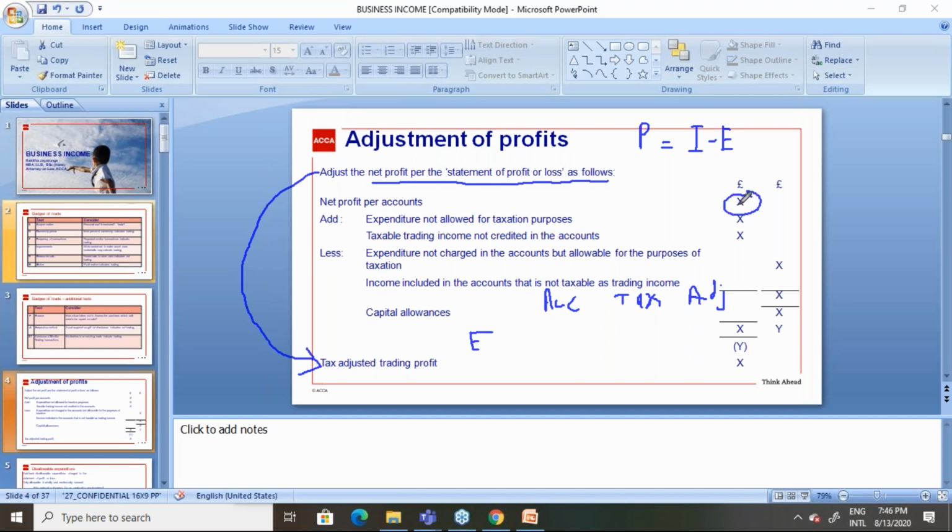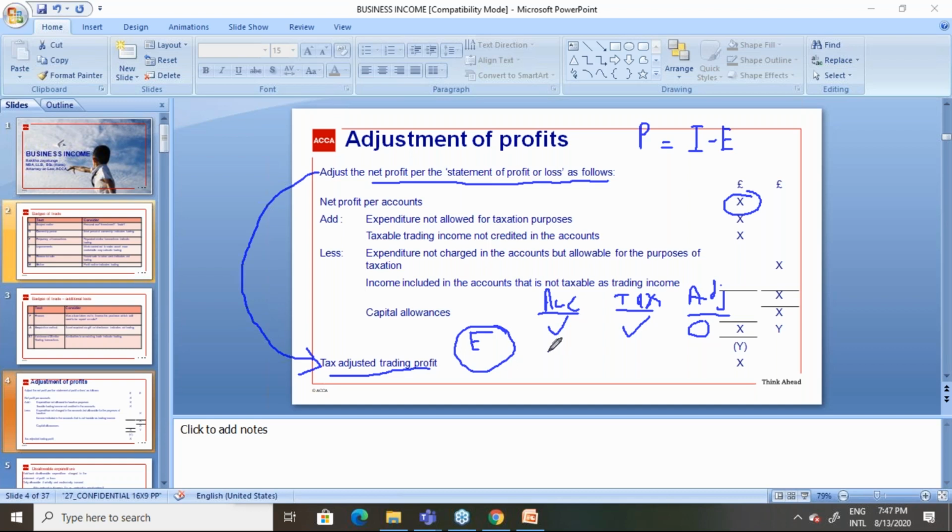You can't rely on this profit because we need to calculate the tax-adjusted trading profit. To calculate the profit, we use both income and expenditure. Most of the expenditure allowed in accounting is also allowed in taxation. So if it is an expenditure allowed in both, you don't need to make any adjustment.